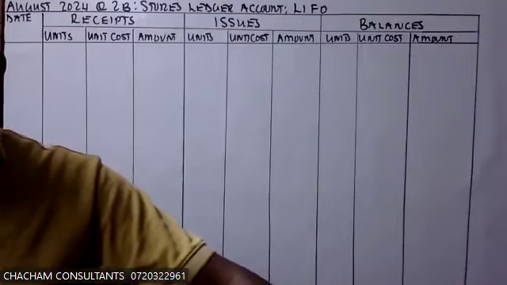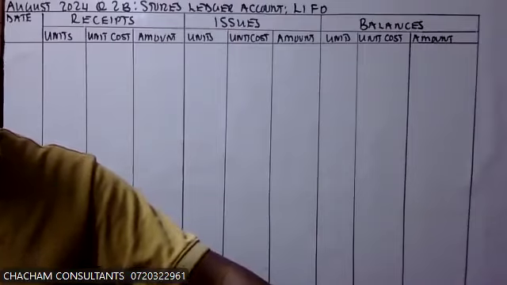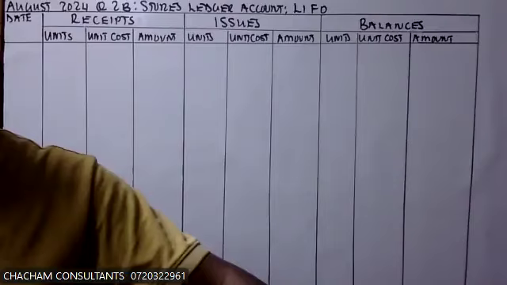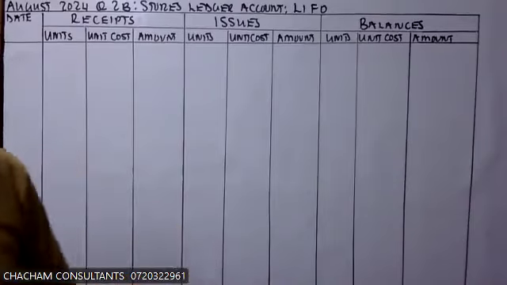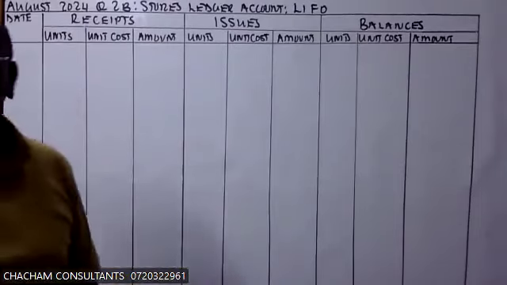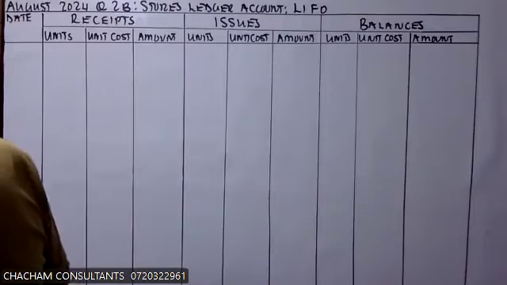So that's the closing inventory. We are not given the opening stock. So if we had the opening stock, we would have put it here. But now here, we just begin with purchases.